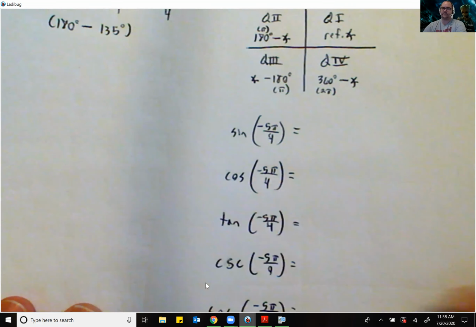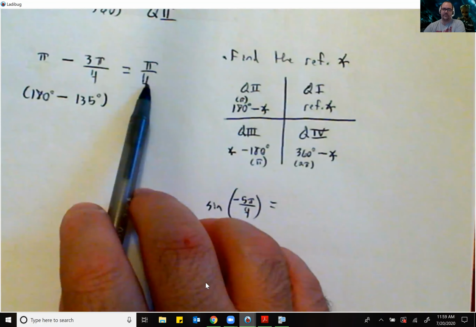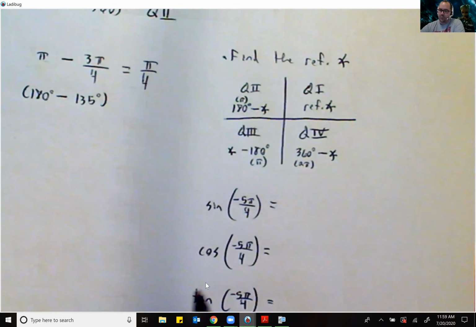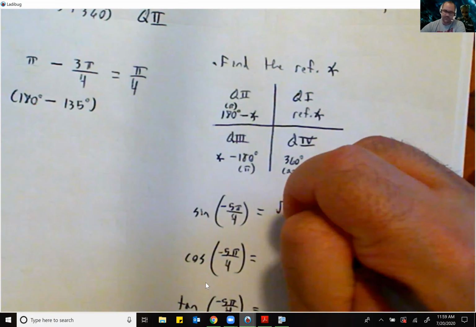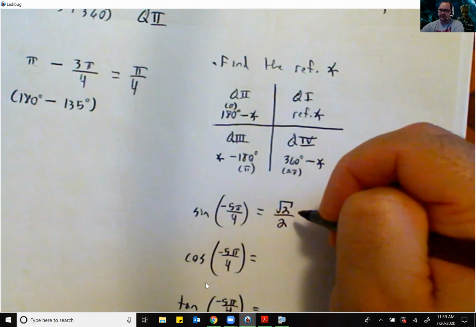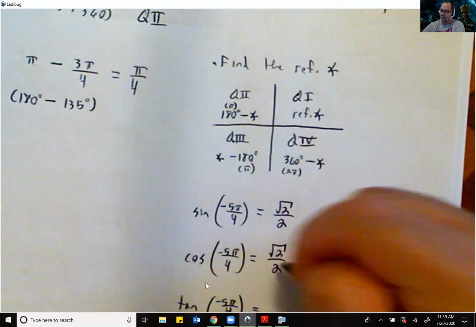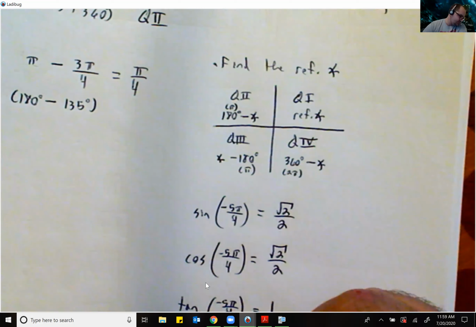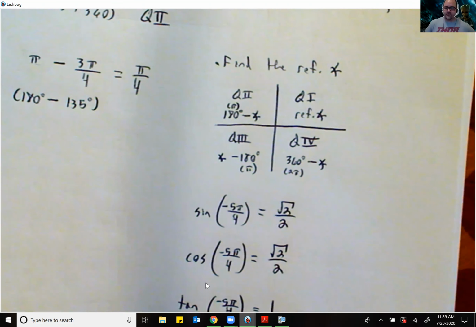Okay? So all these answers are going to be based off of as if it was pi over 4. And again, you have quadrant 1 memorized. So we know that this is the square root of 2 over 2, this is the square root of 2 over 2, this is 1, this is square root of 2, square root of 2, and 1.